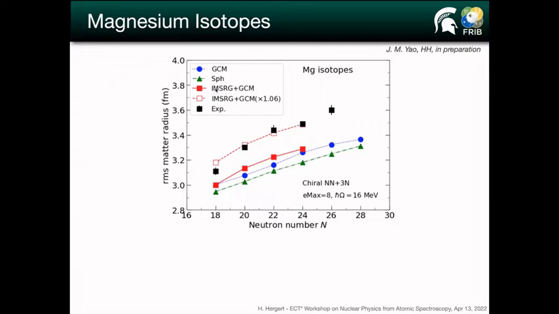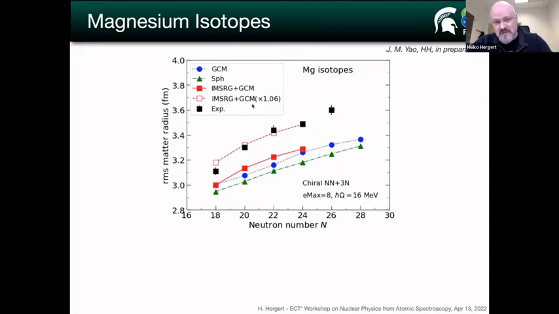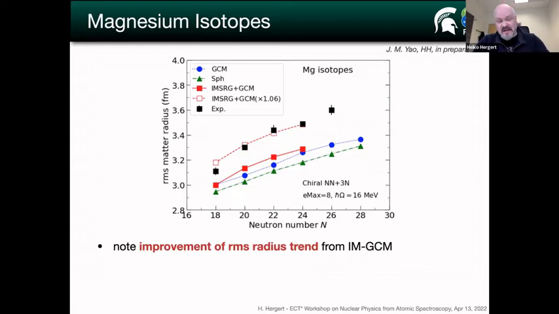But then if you do this combination of IMSRG improvements with the GCM, you actually get the trends fairly well, in particular the bending of the curve. And this is illustrated if you scale up this curve by 6% or so, then you land on top of the experiment. But of course, that's really only for one particular chiral interaction with one particular set of cutoffs. And what one really should be doing now is a variation of the cutoffs to map out a band and see how that compares to the experimental data.